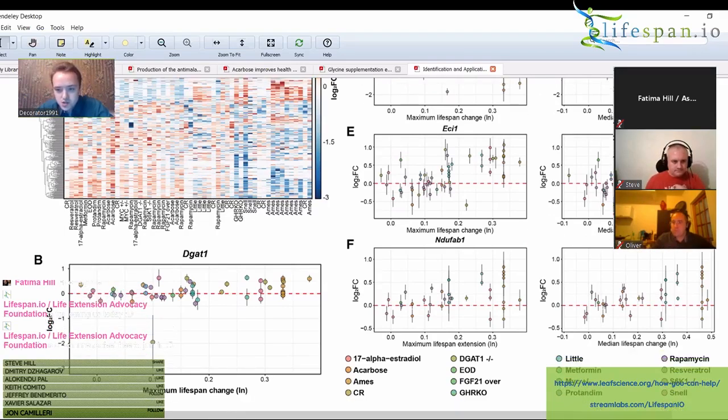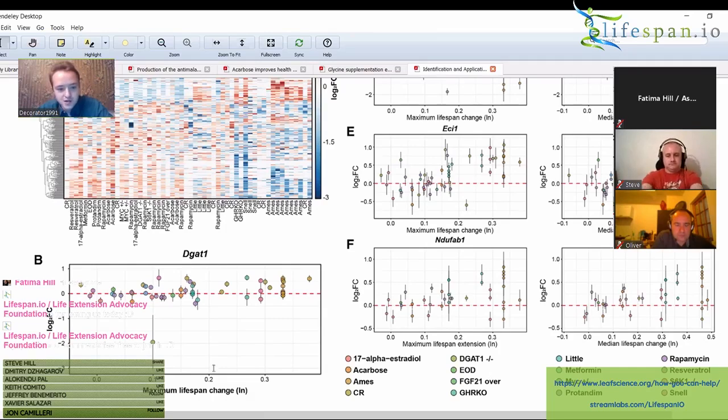Another interesting result we found here is that the genes that are targeted by some interventions are not always associated with lifespan extension. For example, it's known that DGAT1 deletion increases lifespan. DGAT1 is basically a gene of fat synthesis, and if you just delete this gene, it increases lifespan.